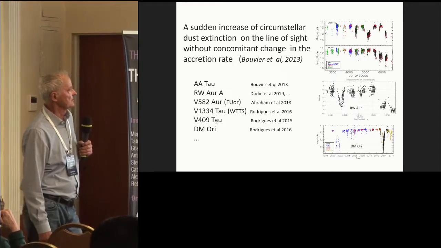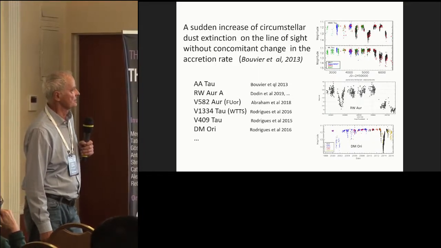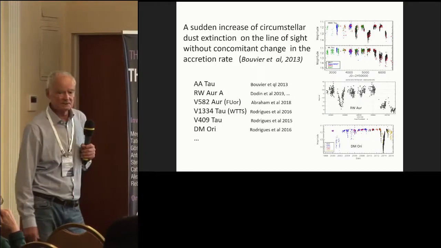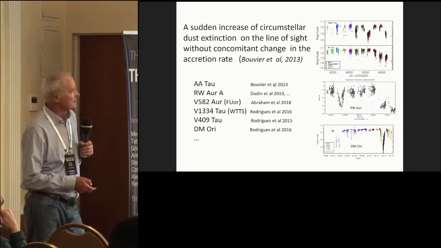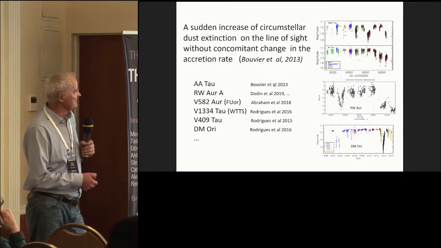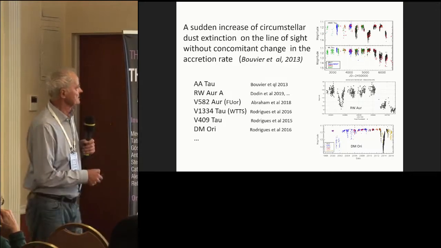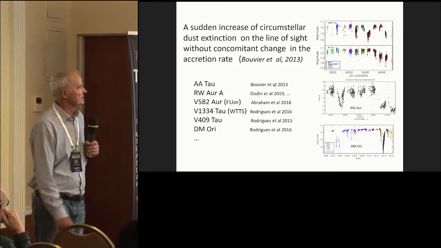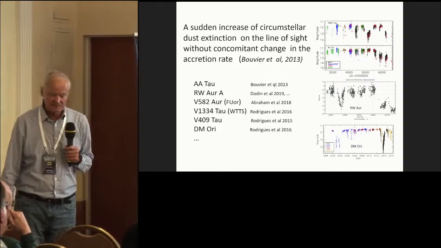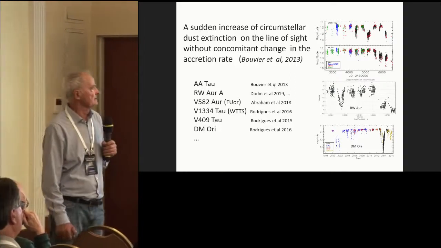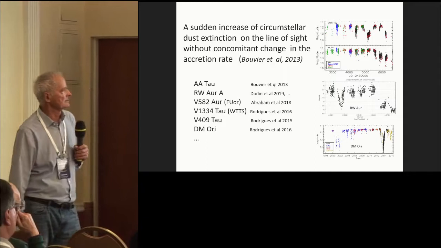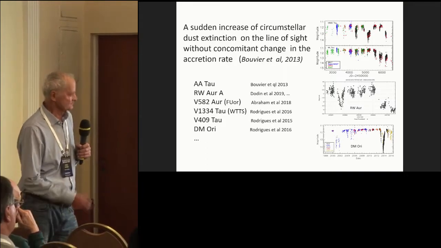Not many T Tauri stars are known to show this effect, maybe a dozen or so. And we see AA Tauri again in this list. It has been known as a dipper, but starting from 2011, it faded and still remains faint up to now.